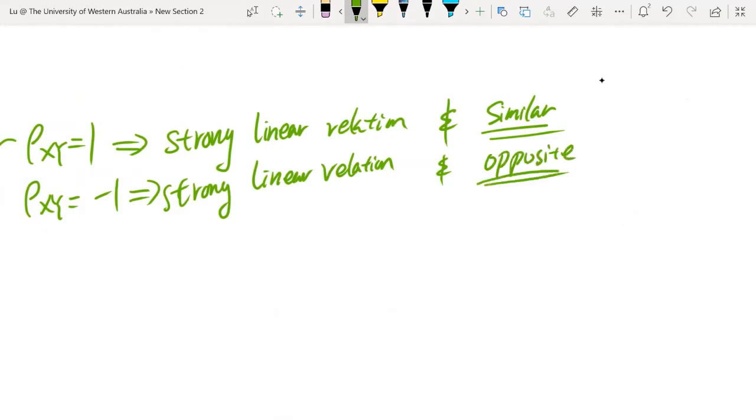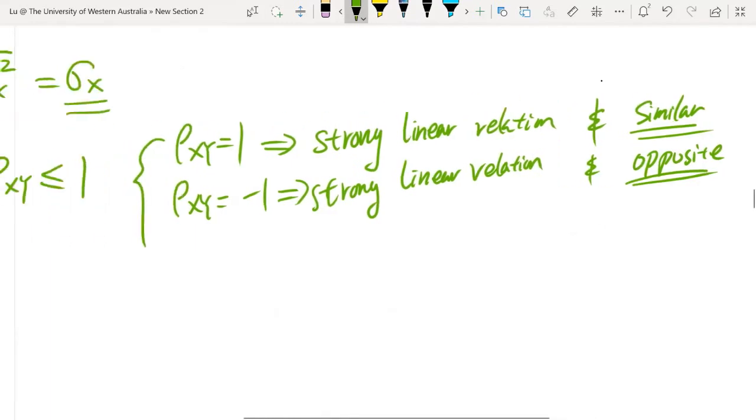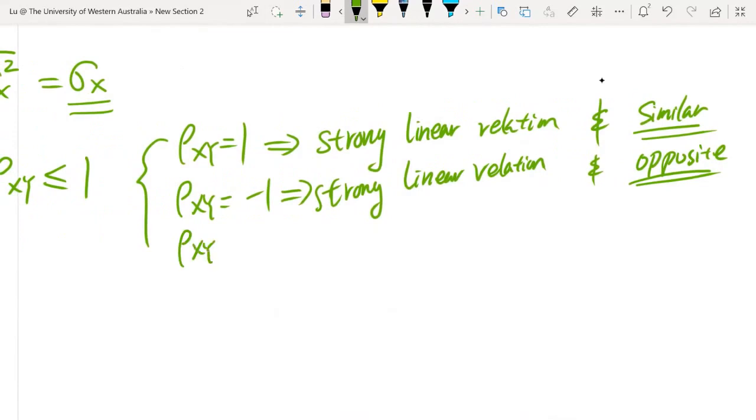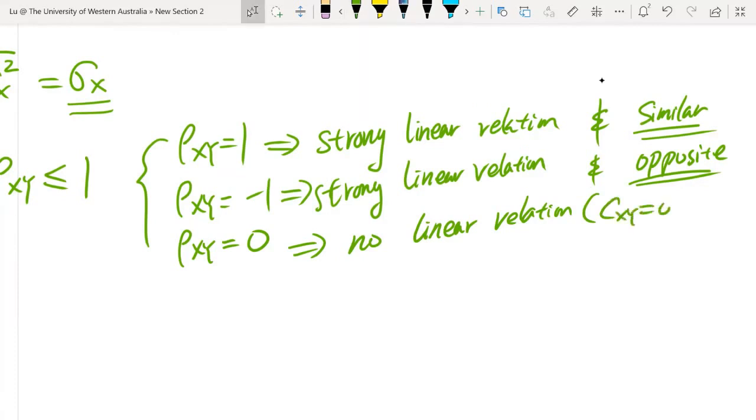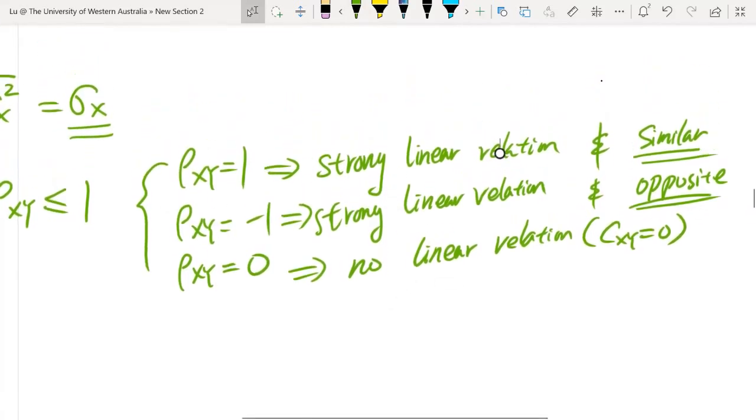So you go up, I go to bottom. If you go to bottom, I go to up. Okay, if the rho xy equal to 0, that means no linear relationship. So that is also indicating the covariance Cxy equal to 0. Okay, this is just about the correlation coefficient.